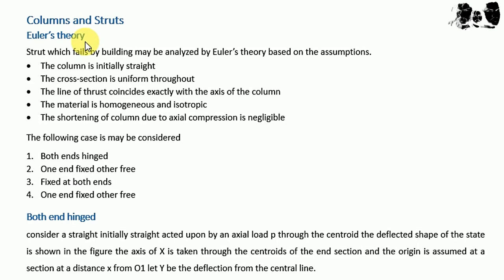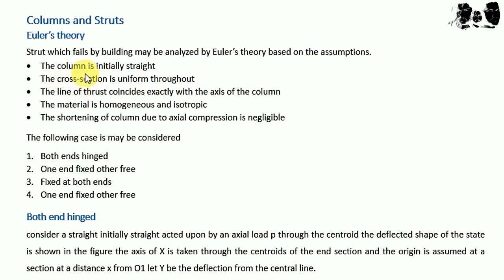So let's start. Struts which fail by buckling may be analyzed by Euler's theory based on certain assumptions. These are the assumptions that define whether a strut or column in buckling can be formalized to find the failure point by Euler's theory.